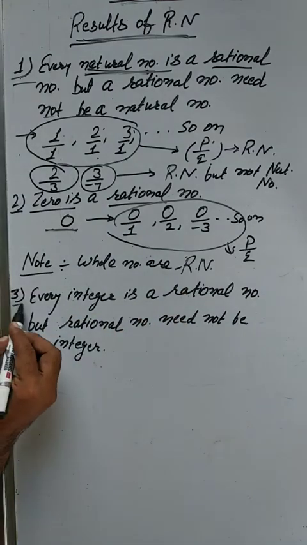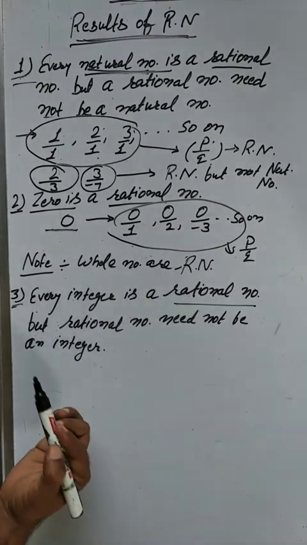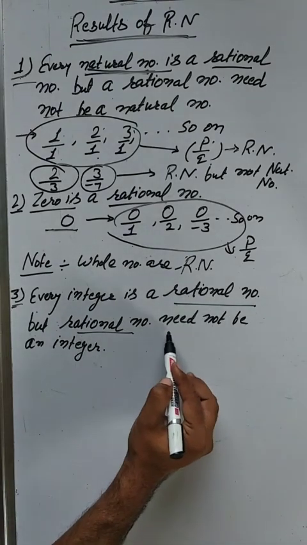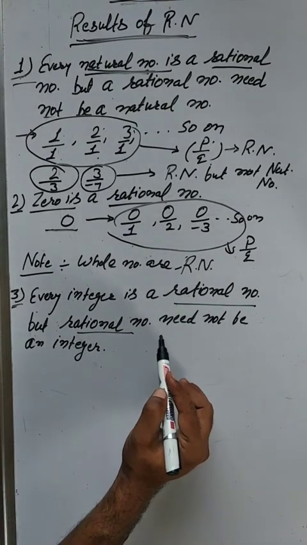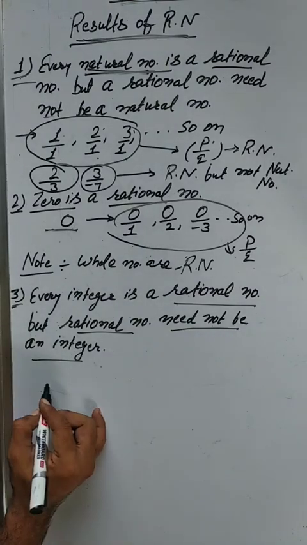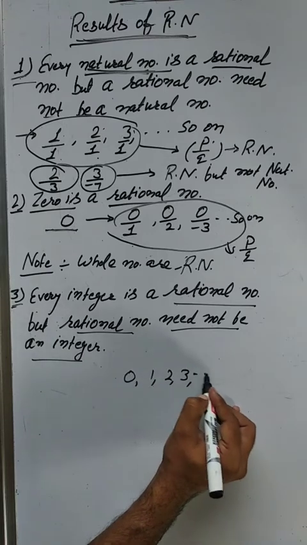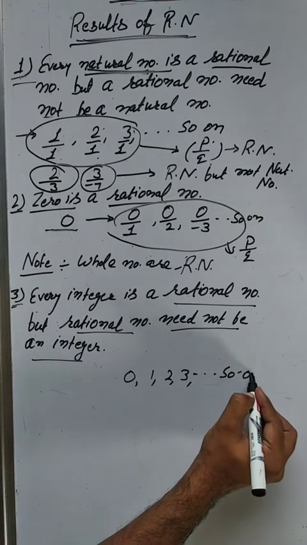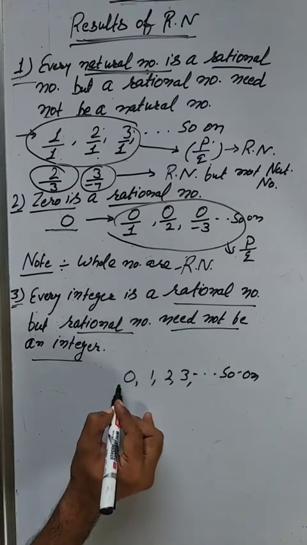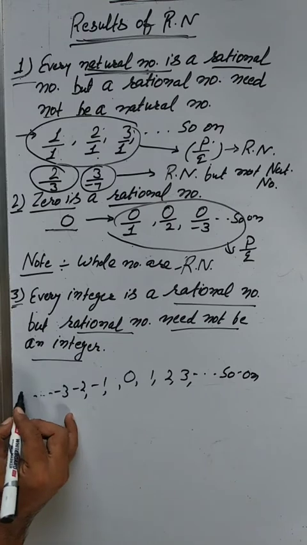Understood? Third, every integer is a rational number, but a rational number need not be an integer. Integers are of the form 0, 1, 2, 3 and so on. Similarly on that side, -1, -2, -3 and so on.